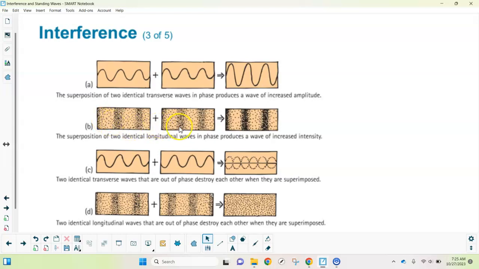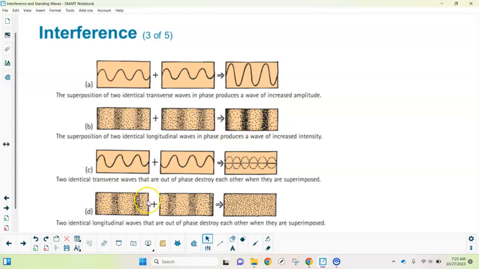So again, if they're lined up the same way, where you have compressions lining up with compressions, you get a bigger compression. And if you have a rarefaction lining up with a rarefaction, you have a bigger rarefaction. So the same thing happens there. That's the same idea of constructive interference, creating greater amplitude for longitudinal waves.